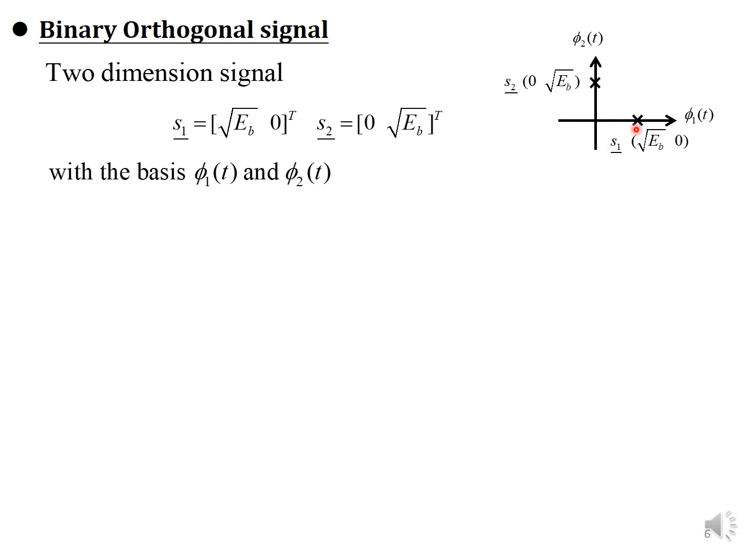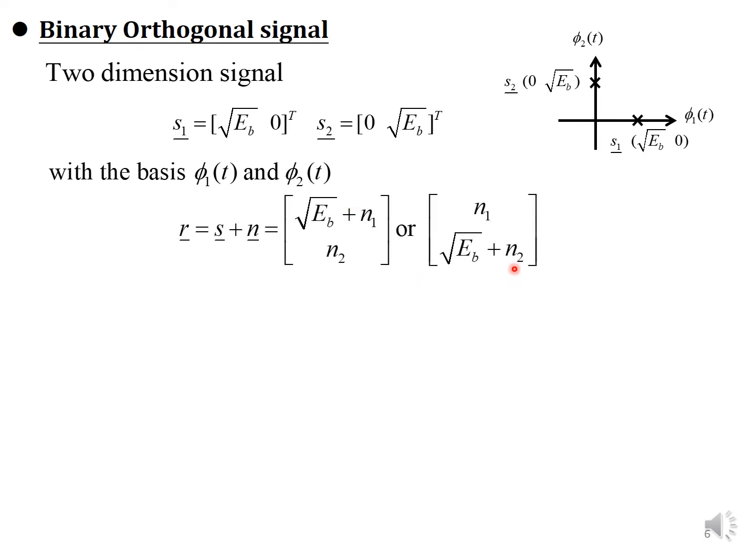We have a binary, two-dimensional signal with two symbols, S1 and S2: symbol S1 on phi 1 and symbol S2 on phi 2, where the bases are phi 1 and phi 2.